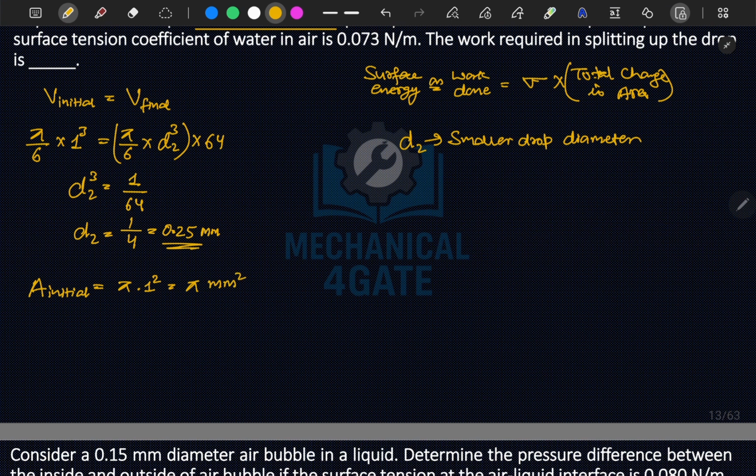The final area is 64 into pi into d square, so with d equal to 0.25, this will be equal to 4 pi mm square. So I can say that work done is equal to surface tension sigma into dA, that is A final minus A initial.